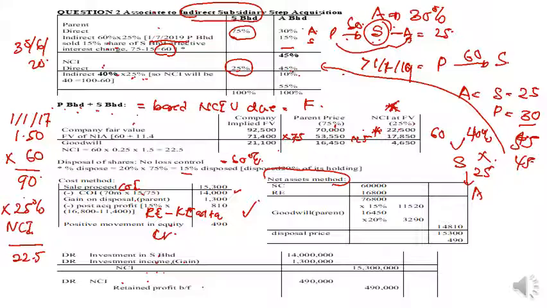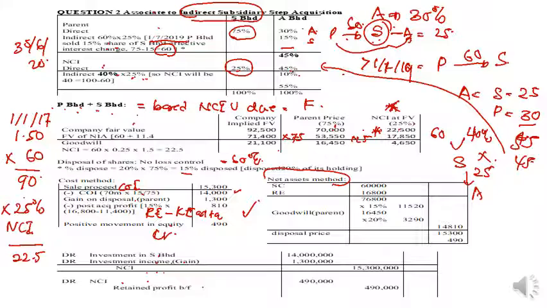Then the last one is to record the positive movement. For the positive movement here, you're going to credit your RE and debit the NCI.